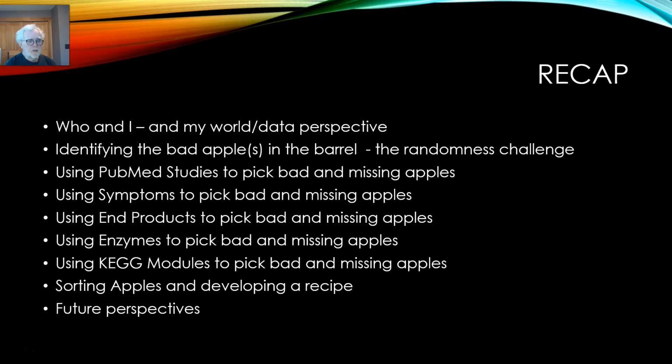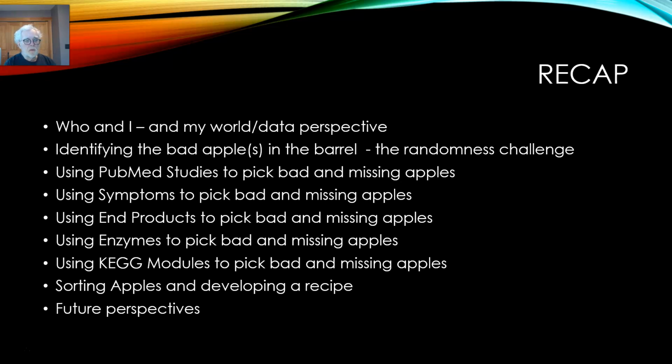This lesson goes on to use enzymes. Enzymes are catalysts for the processing of chemicals from one state to the next state. Some of the enzymes result in end products being produced, others are just transitory. The future one will be looking at KEGG modules, which is again a different way of looking at the data.